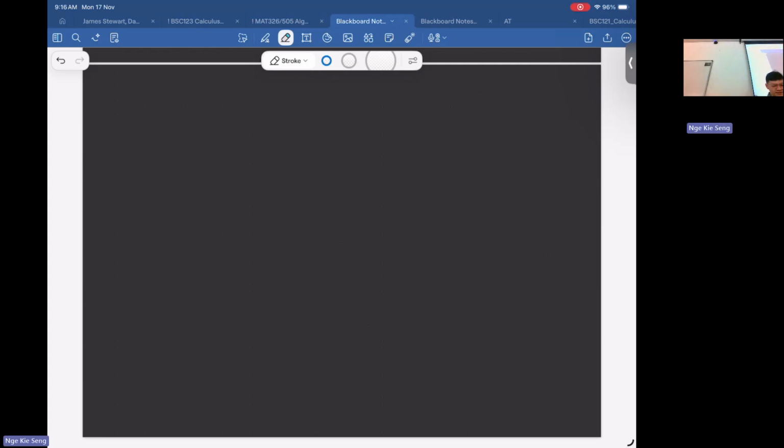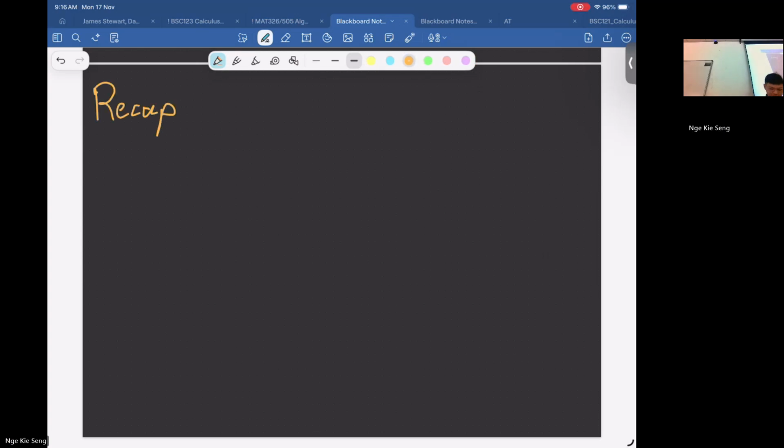All right, so let's do some recap. What is a chain complex? Let's take C_i to be a group, or rather a free abelian group. Why do we talk about free abelian groups here?